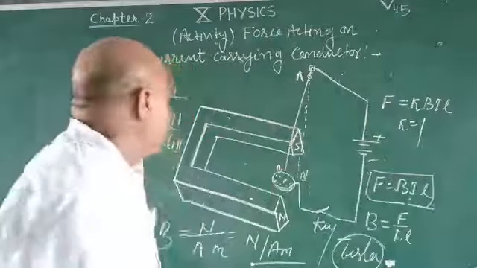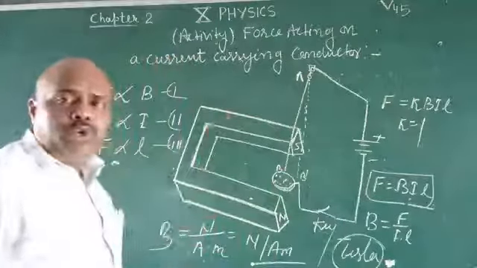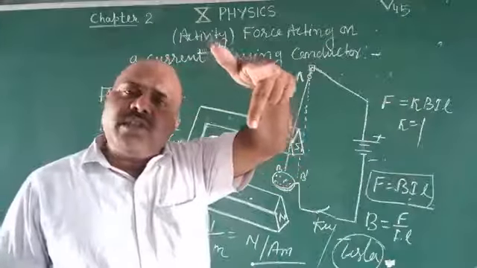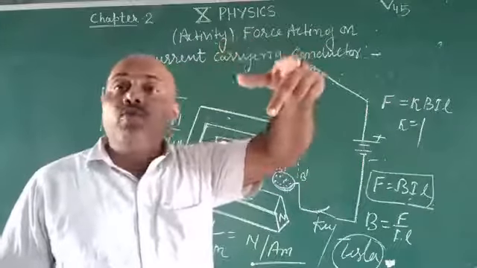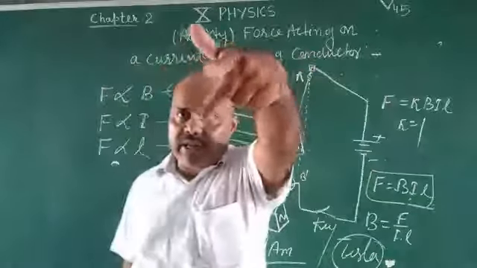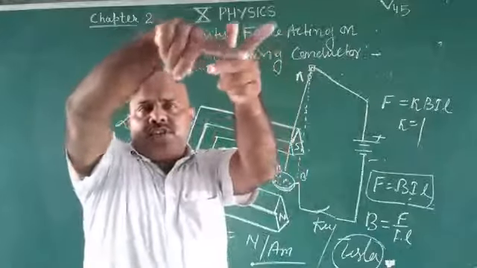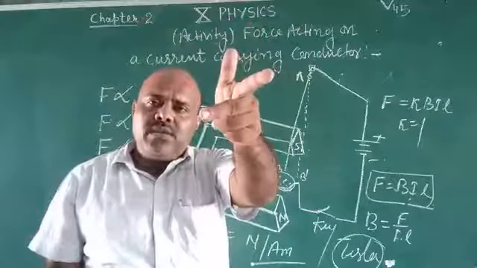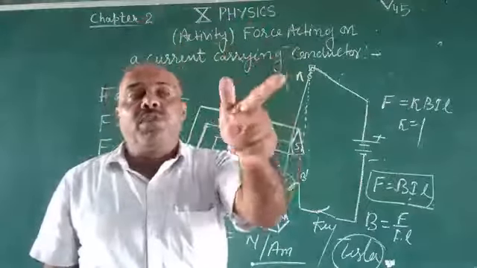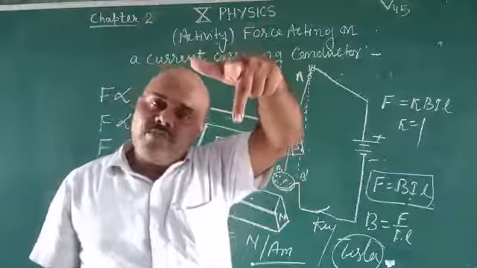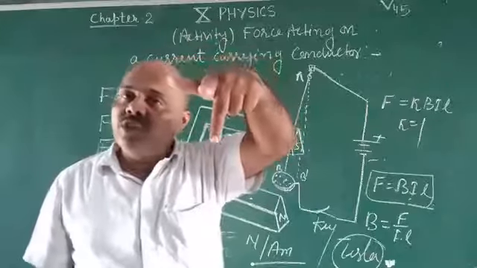And the direction we can find with the Fleming left hand rule. By the Fleming left hand rule, as I told you, we stretch three fingers of the left hand such that they are mutually perpendicular to each other, just like here, where you can see 90 degrees and 90 degrees.